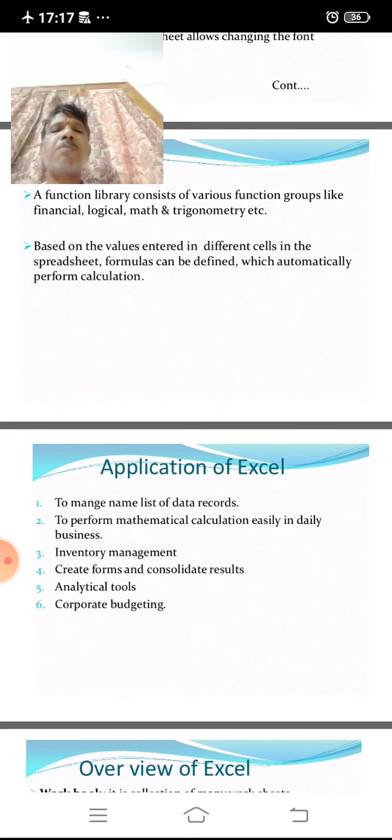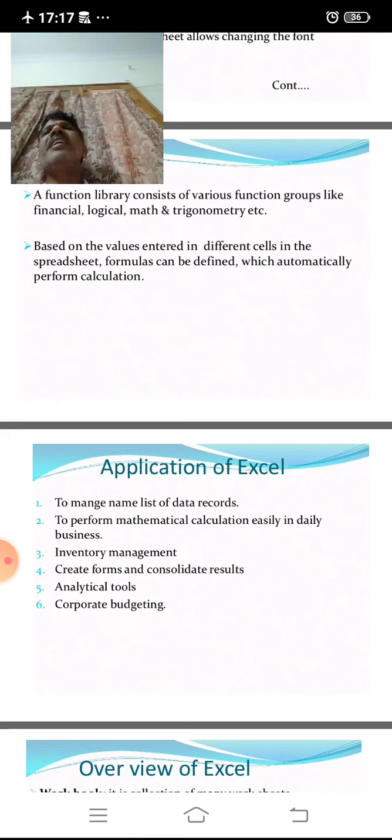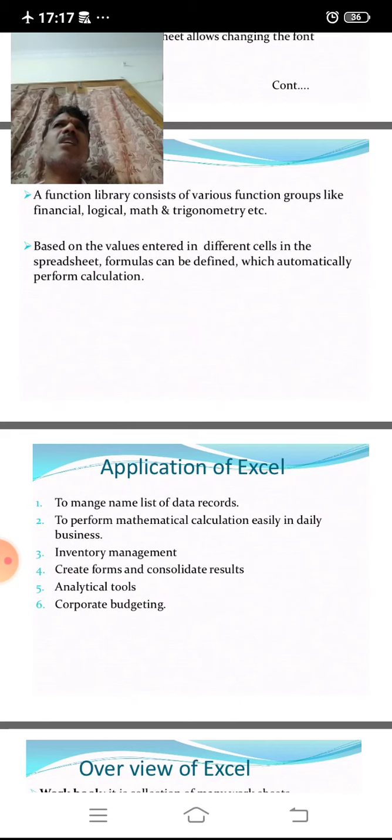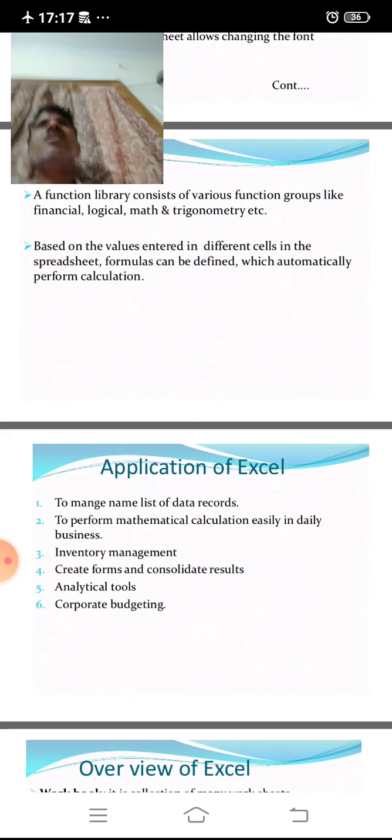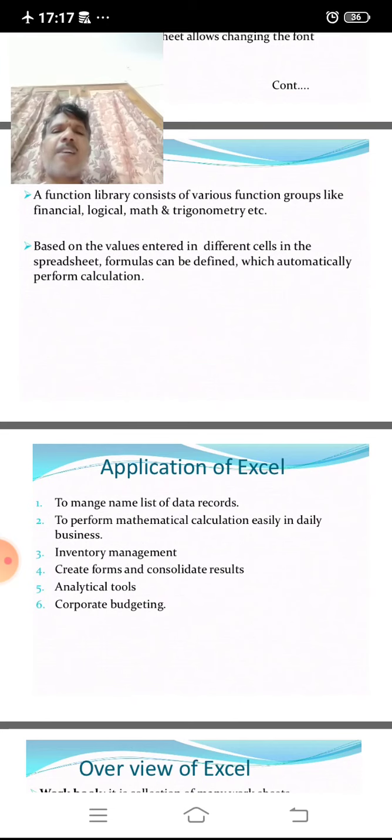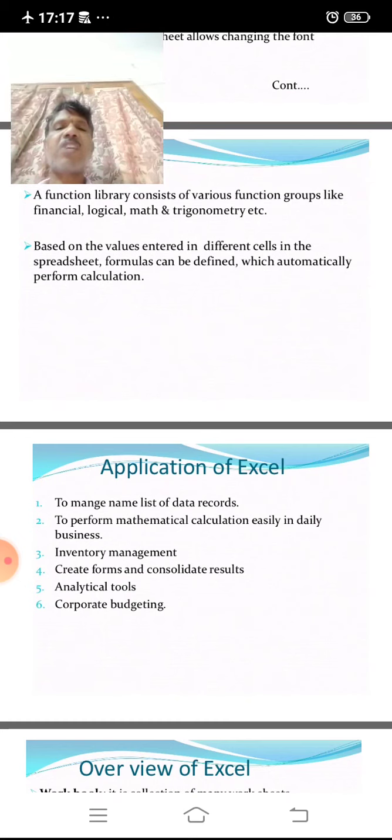Then forms: MS Excel allows the users to create forms and consolidate results, and it provides analytical tools such as finding mean, median, deviation, standard deviation and range, etc. And it allows the users to prepare budgets for small organizations.